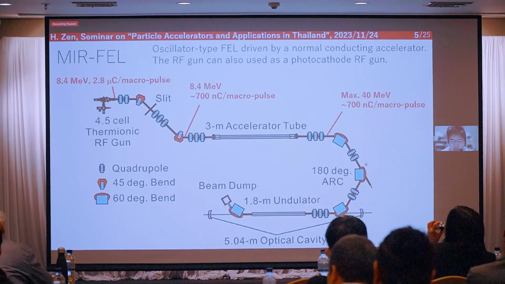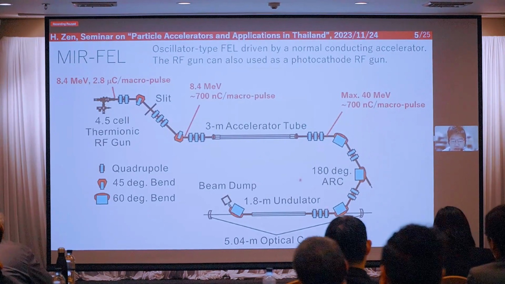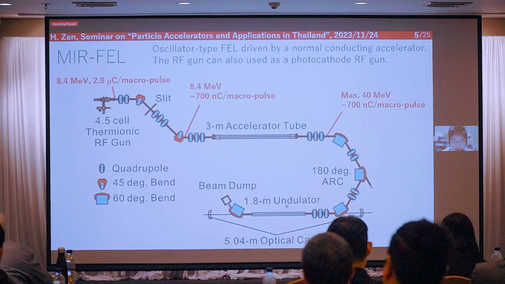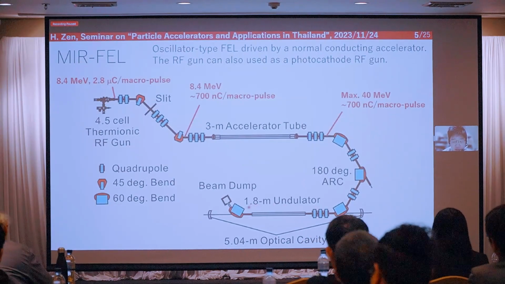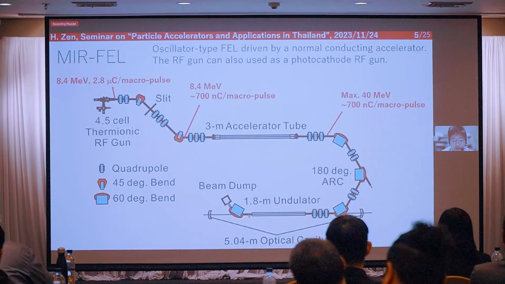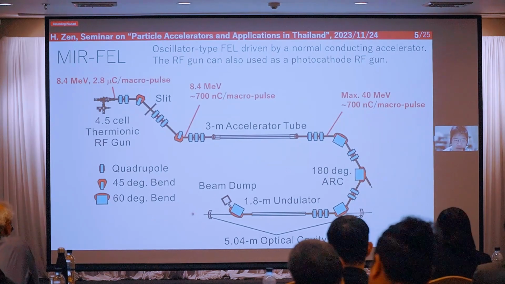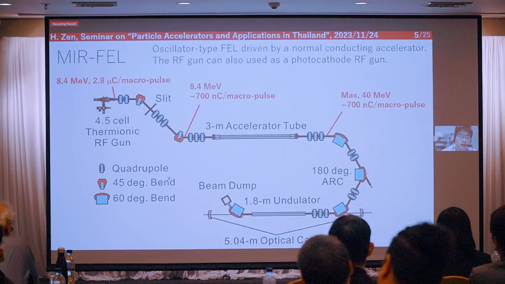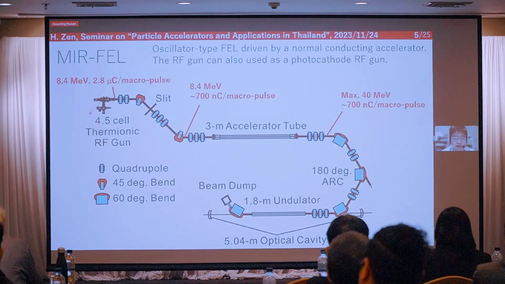And we perform electron bunch compression in here to shorten the electron bunch length, and inject the bunch to the 1.8 meter undulator, and make FEL lasing in this section using the 5 meter optical cavity. And this gun can also be used as a photocathode RF gun.